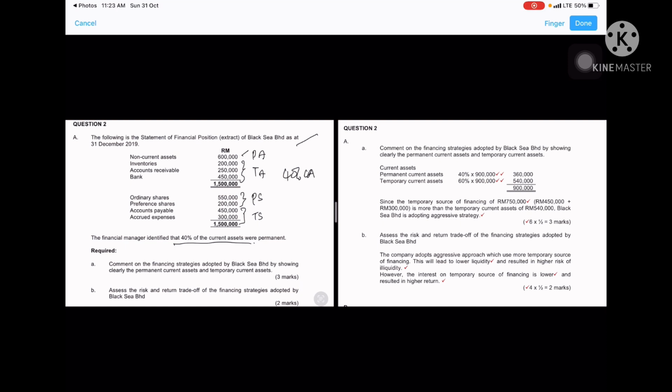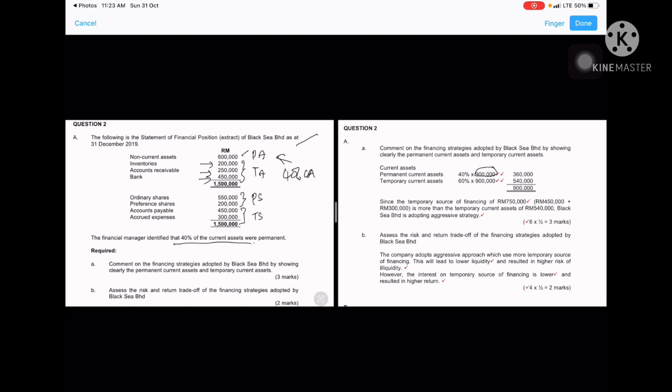So permanent goes to here. We have to calculate 40% of our current asset. So the permanent current asset is 40% times 900,000. The 900,000 is actually 200,000 plus 250,000 plus 450,000.